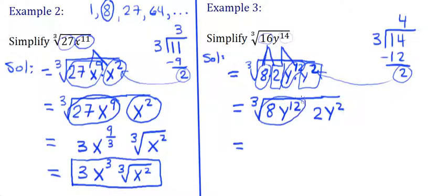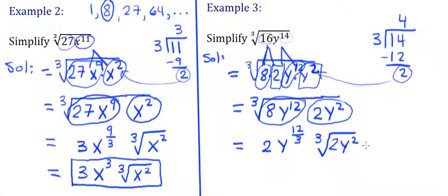The cube root of this part, the cube root of 8, is just 2. The cube root of y to the 12th should be y raised to 12 divided by 3. Remember the nice property I explained to you at the beginning? Divide the exponent by the index, 3. And this part, since it doesn't have an exact cube root, just stays as the cube root of 2y squared.